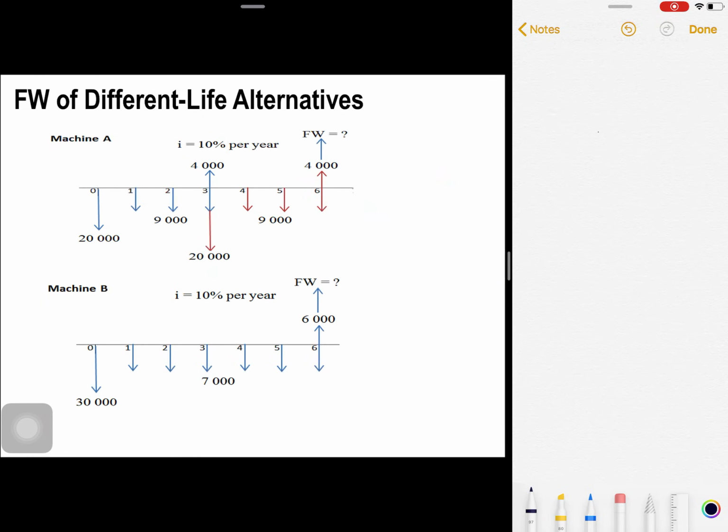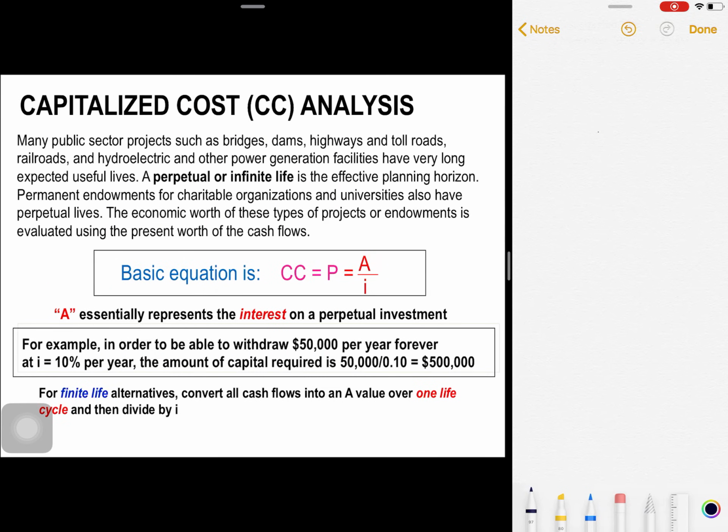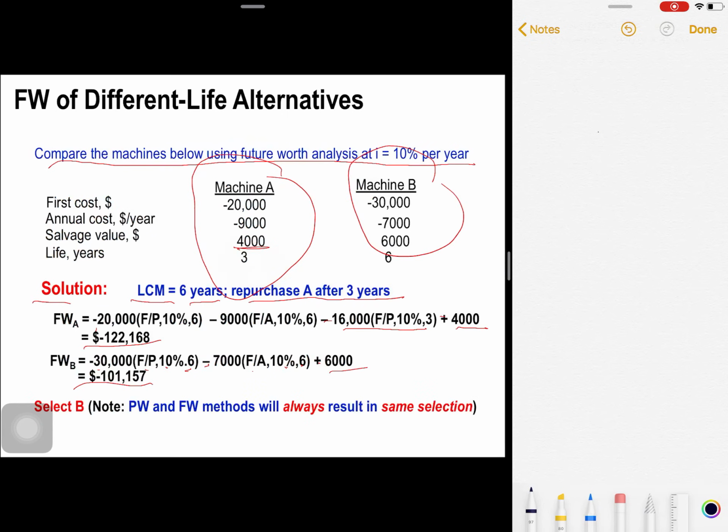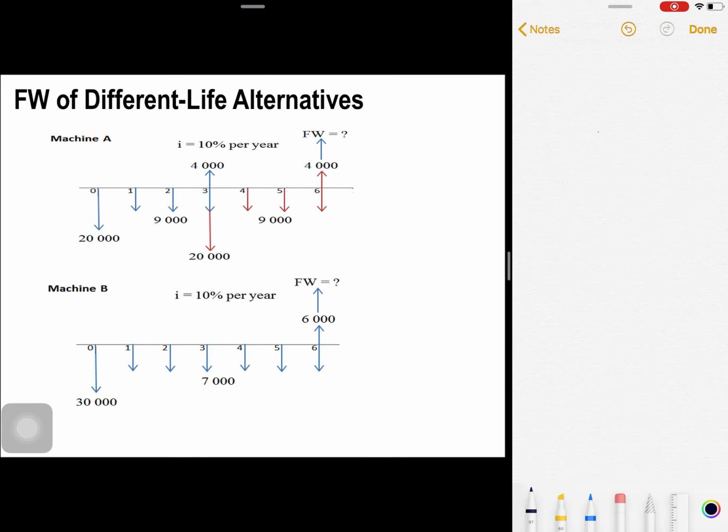So from here, we will select B because it gives you the highest value of FW. And you have to note that PW method and FW methods will always result in the same selection if you use the same methodology. Okay, if you are consistent all through the calculations.